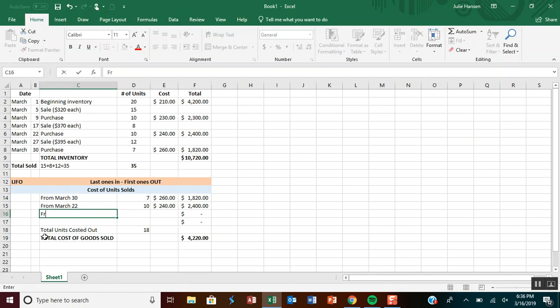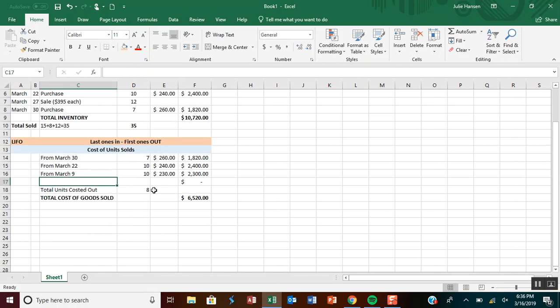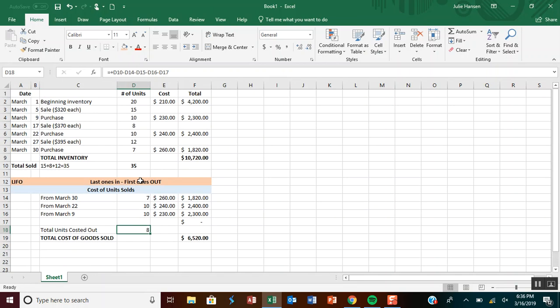From March 9th, then I had those 10, and those 10 from March 9th cost me $230 each. Am I done? No, I have 8 more I've got to go find. Well, let's see, I've exhausted the March 9th, the March 22nd, the March 30th.